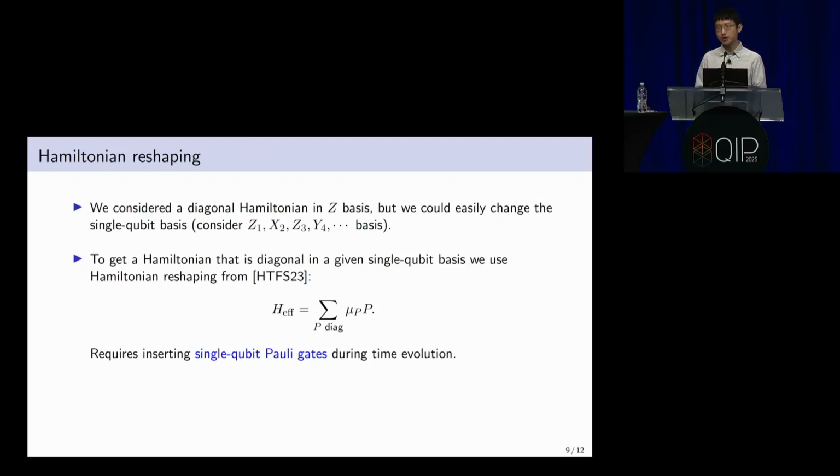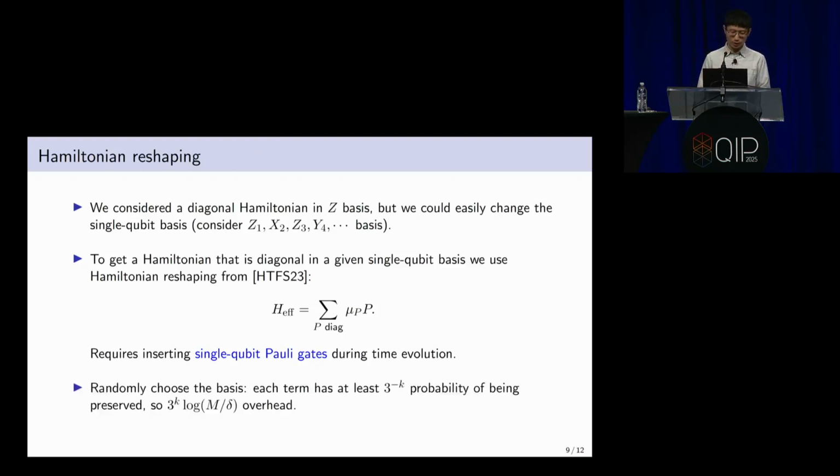But as you can see here, we can only learn some of the coefficients in one effective Hamiltonian. So what about the others? This tells us we need to choose multiple effective Hamiltonians to cover all coefficients in the original Hamiltonian. It turns out we can just randomly choose the basis.